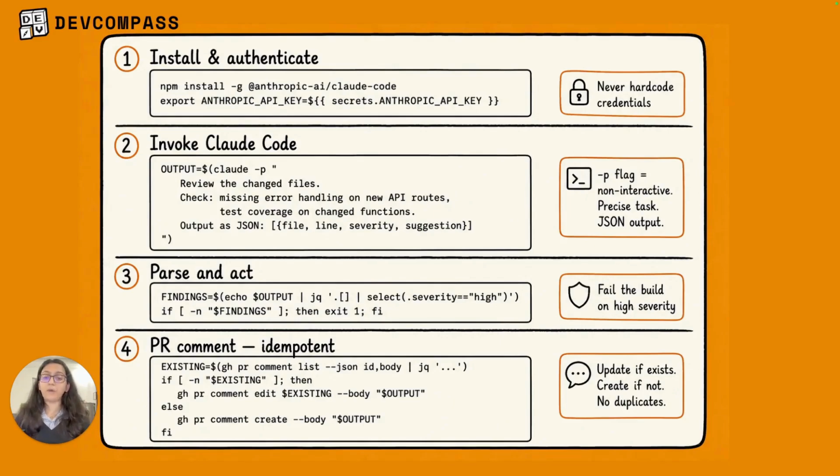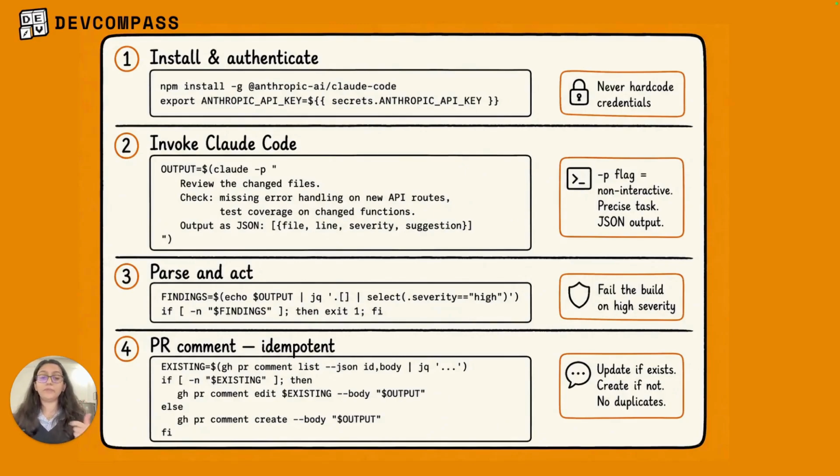Section 3 is parse and act. The output from Claude Code goes to stdout. Your CI step reads it, parses the JSON with jq, selects the high severity findings, and fails the build if any exist. So clean, scriptable, machine readable, and this is why section 2 asked for JSON.